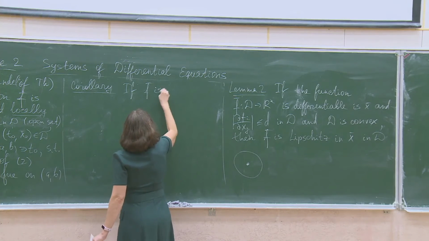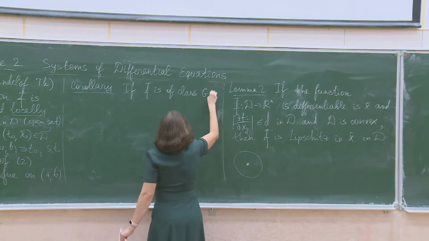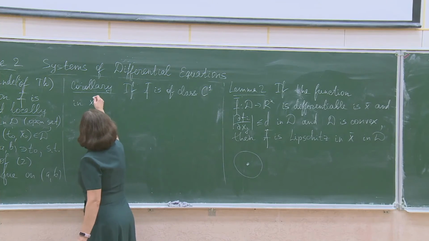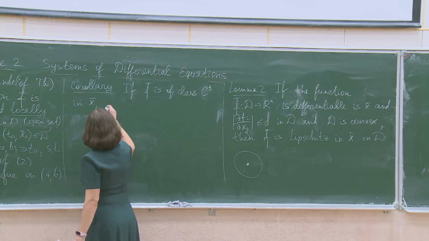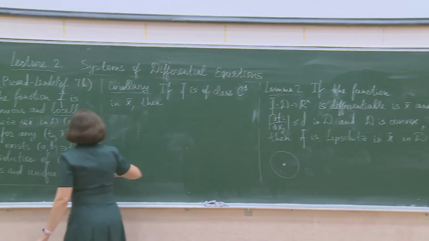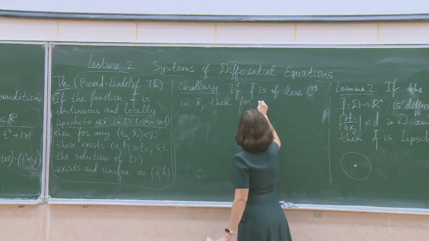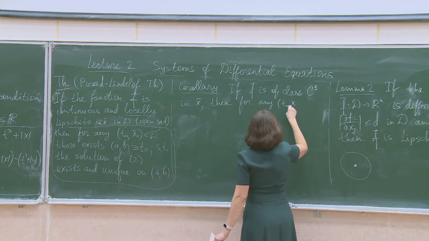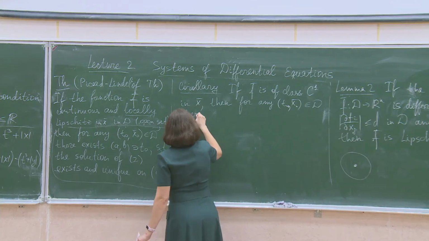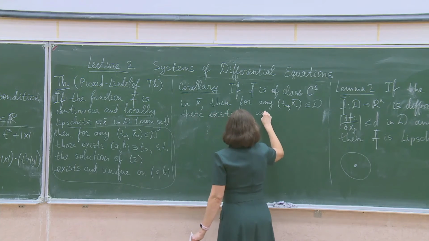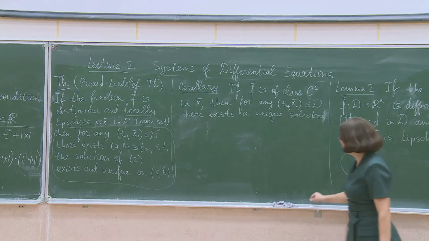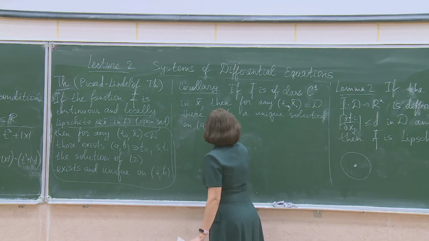Corollary. If our function is of class C1 in x, then for any point t0, x0 from D, there exists a unique solution, locally of course, on the interval containing t0.